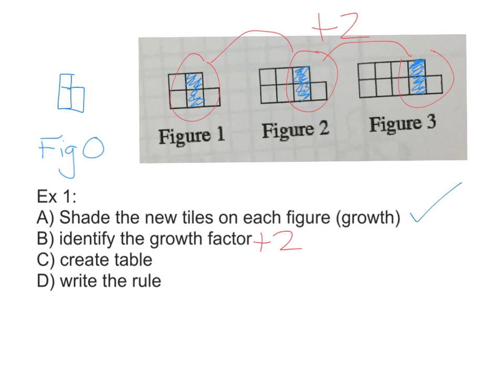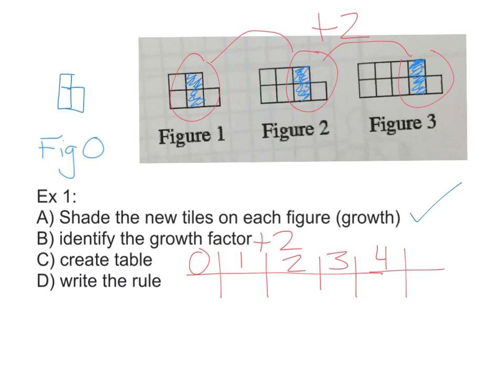You're going to find that today is much easier than what we did on Tuesday and Wednesday because we are going back to linear equations rather than having an x times an x today. Part C says create a table, so we're going to do that. On the top goes our figure number. So most of your tables today are going to go from figure 0 to figure 4 when you get to the classwork with your partner in just a moment.